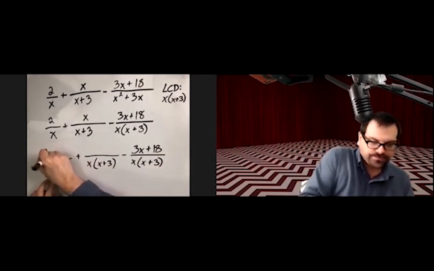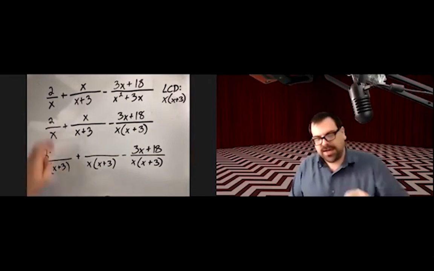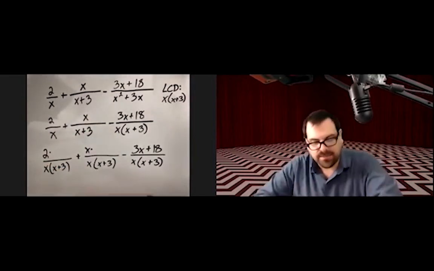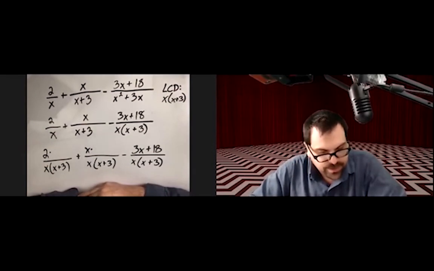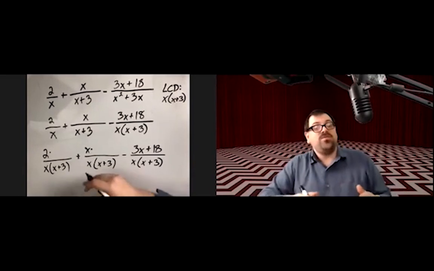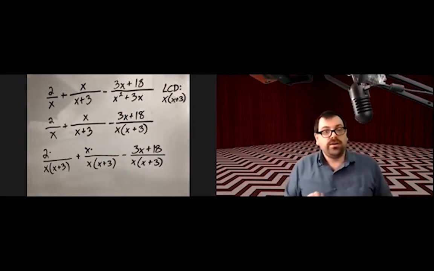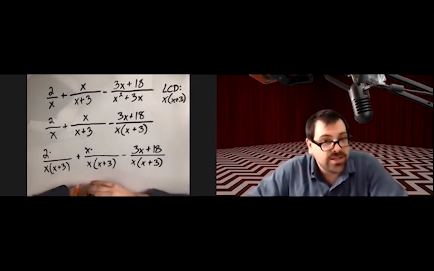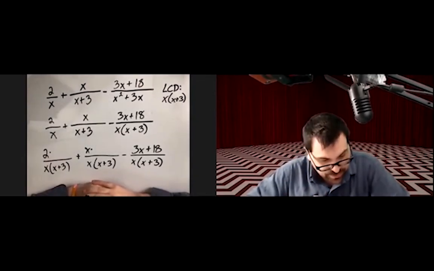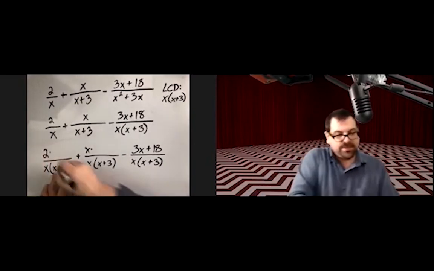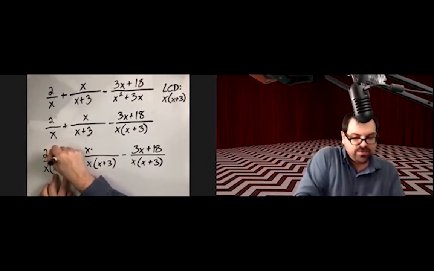Here, we're going to multiply the 2 by something. Here, we're going to multiply the x by something. By what? We're going to look at the bottoms and see what we have now that we didn't have before. And if we didn't have it before, we need to throw it in as a factor on top. X, we already had. X plus 3, that's new.